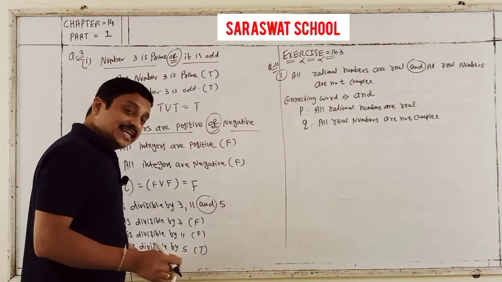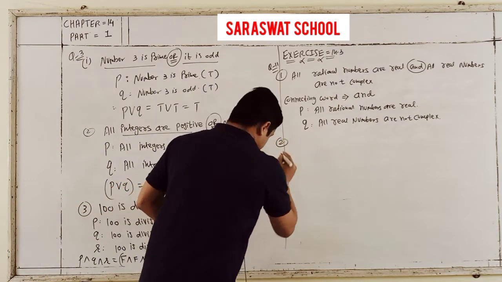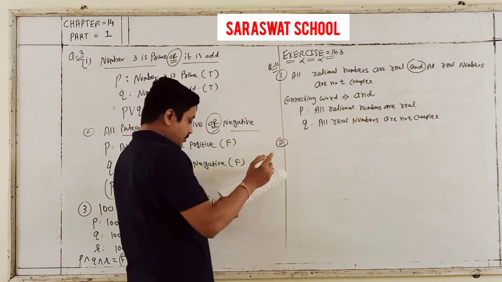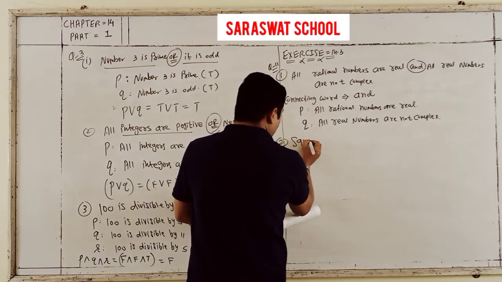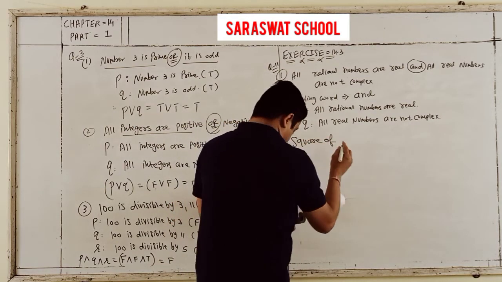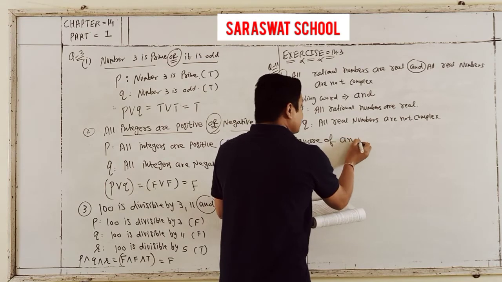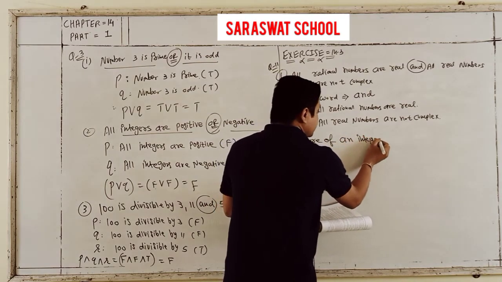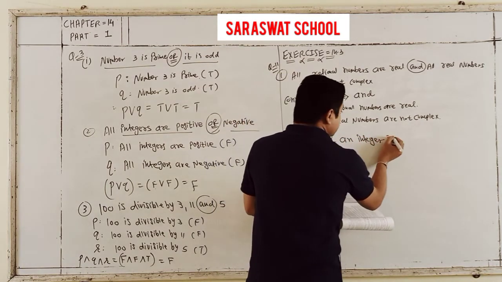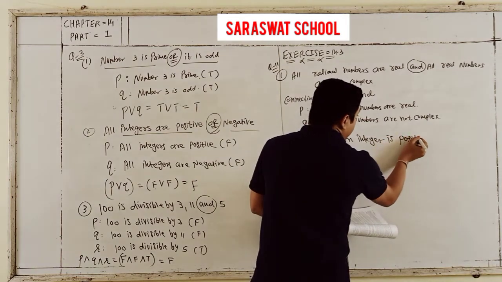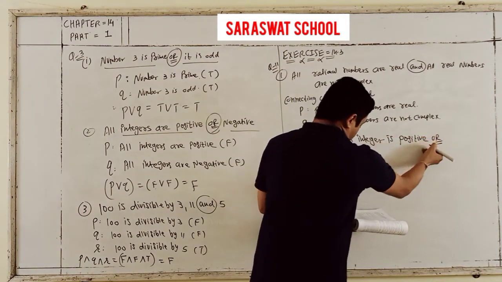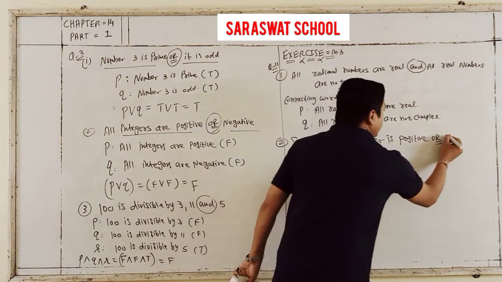Here true false is not asked, that's why I am explaining that. Now second one: the square of an integer is positive or negative.